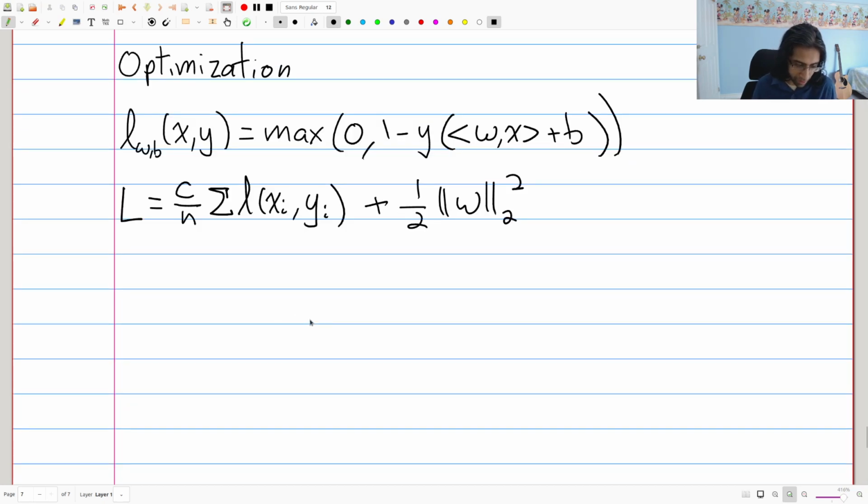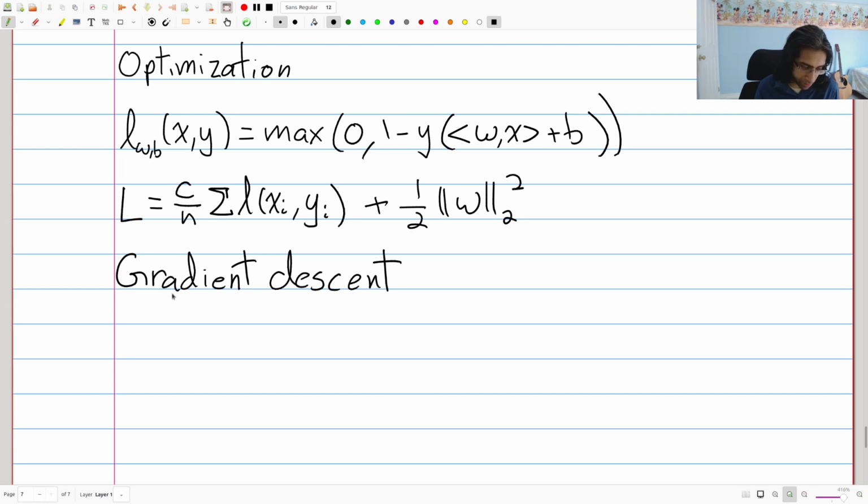But okay, how do you optimize this? Well, you just take the derivative and do gradient descent. There are many ways to optimize. Some involve looking at the duals and fancy things, but a valid optimization method is gradient descent. It's very simple, because all you have to do is take the derivative.